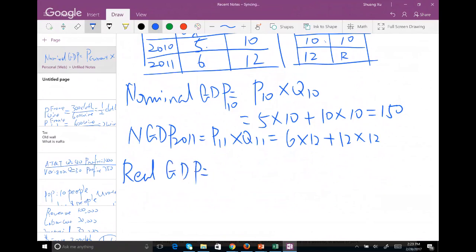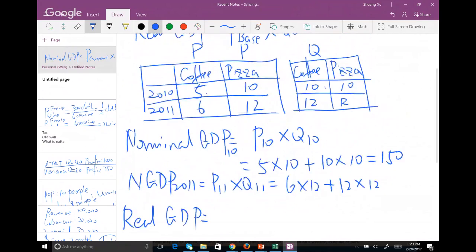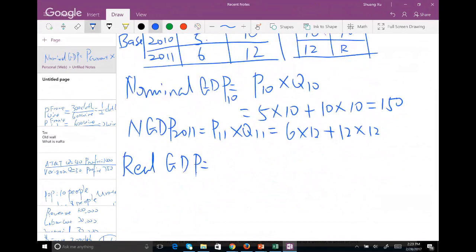Now for real GDP, let's suppose the base year is 2010. So base year 2010, and then real GDP in 2010 will be your price in your base year times quantity in your current year 2010. Since your base year is 2010 and the real GDP is for 2010, this will be the same.